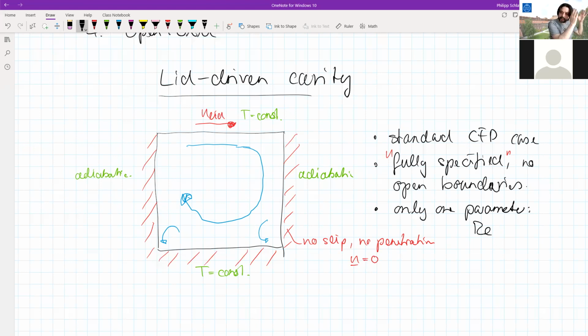We can start in a laminar Stokes flow type of behavior at low Reynolds numbers. Then we can get a flow that is already a little bit nonlinear, up to a case where it's quite unsteady and you will have disturbances growing and actually staying in the flow at higher Reynolds numbers. So by just changing one parameter, the Reynolds number, you can go through all different regimes that are actually relevant for CFD.